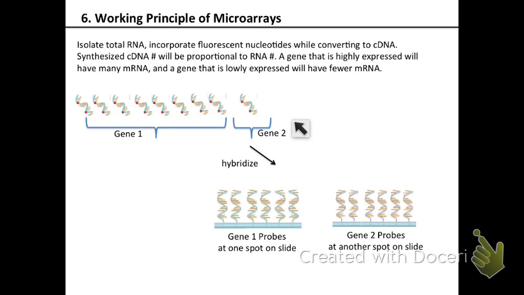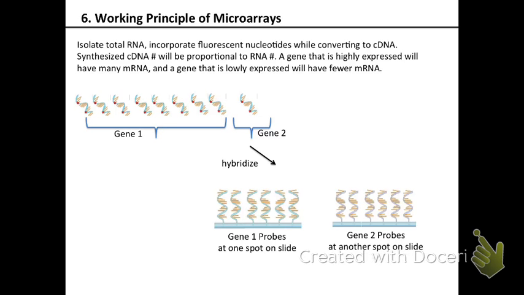All right. So then a gene that's highly expressed will have many mRNA, and a gene that's lowly expressed will have fewer mRNA, and the amount of cDNA you're going to get out of this reaction is going to be proportional. So then you're going to take the cDNA, and then you're going to hybridize it to the microarrays. So the microarrays are going to have DNA molecules corresponding to gene 1, so we call these gene 1 probes at one spot of the slide and gene 2 probes at another spot of the slide.